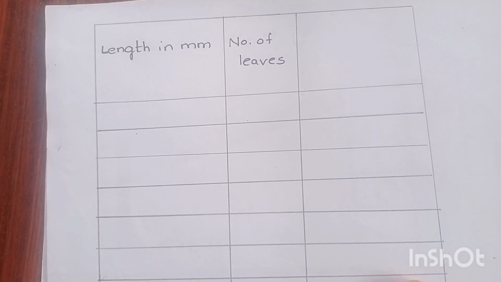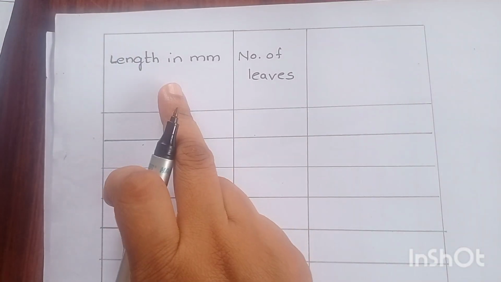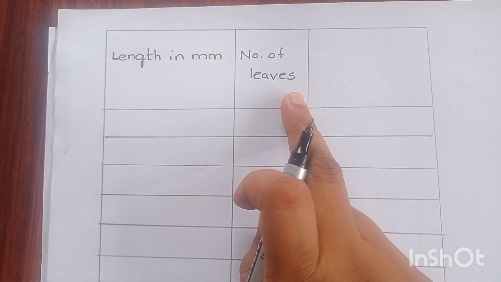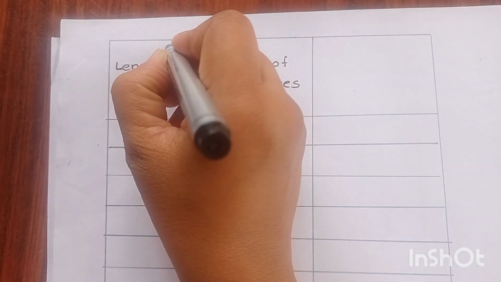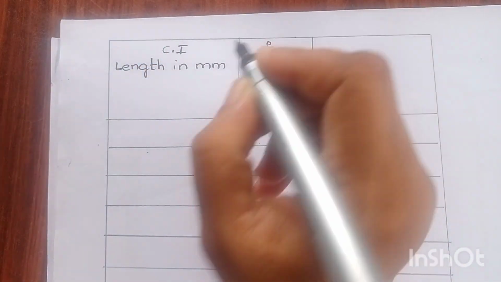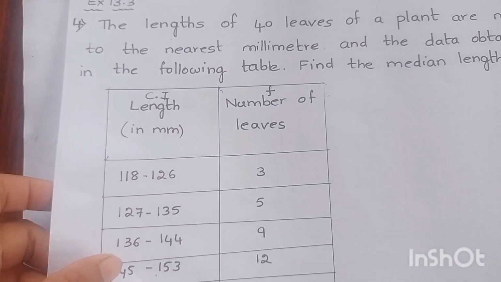See here. Already I have prepared these two tables, that is length in millimeter and number of leaves. Let me represent it as CI and this as F. First let us correct the order of the class interval. Now look at this.